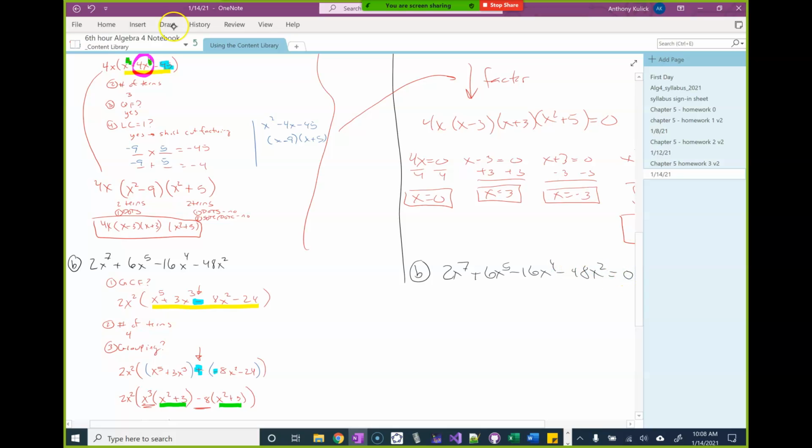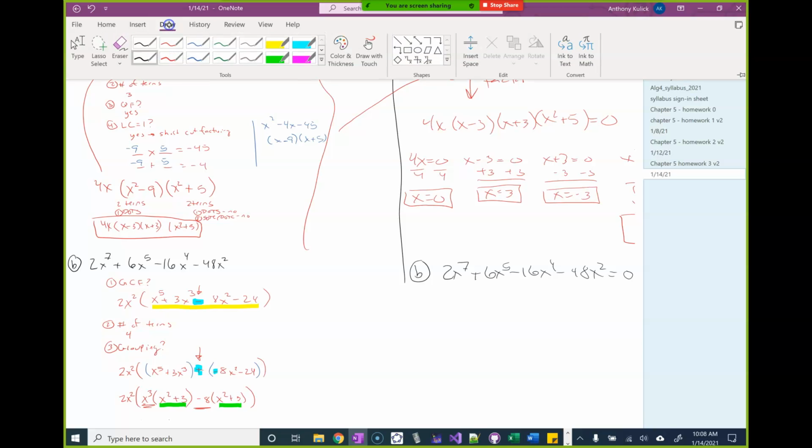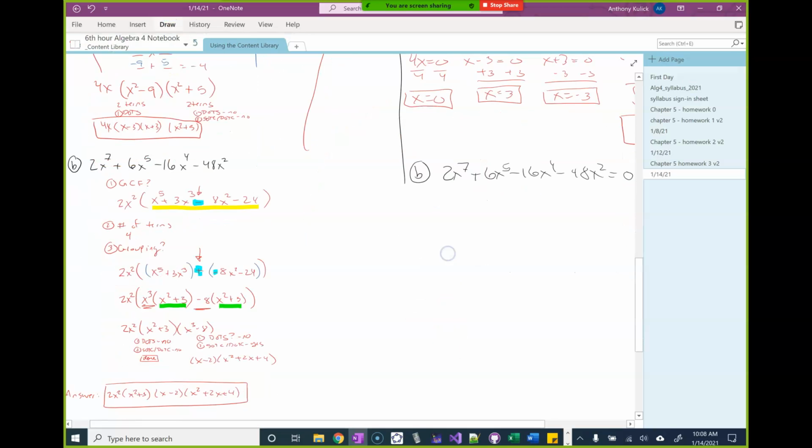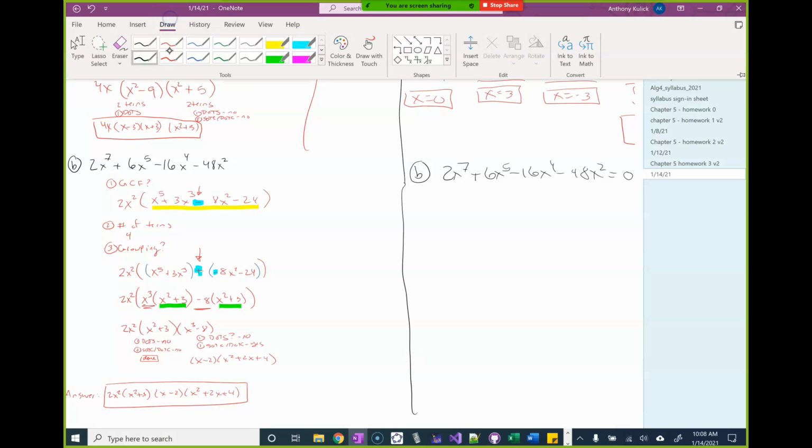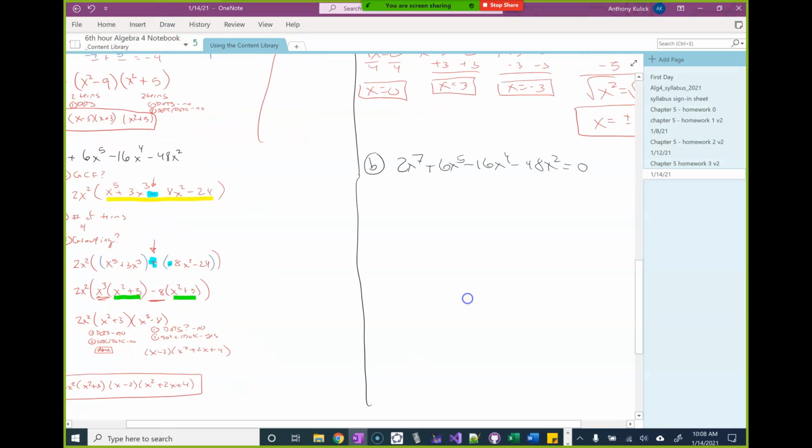So again, we're going to take that same problem that we just factored, 2x to the 7th plus 6x to the 5th minus 16x to the 4th minus 48x squared equal to 0. And we're going to solve that. So again, the first step is to factor it. That's the hard part. That is the hard part, absolutely.